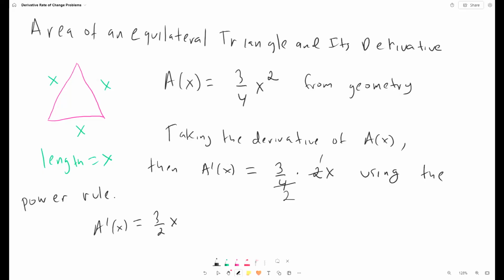So what are the units of A prime of x? So if you can see here, x is in terms of inches, so let's say we're talking about x in inches. Then the units of A prime of x will be in inches. So this will be our derivative.